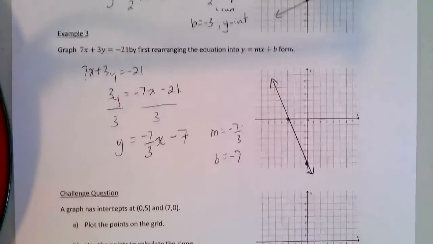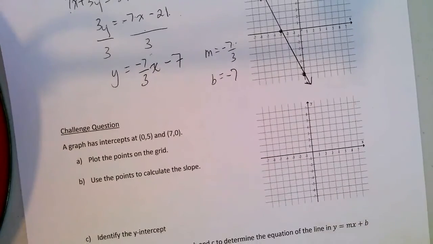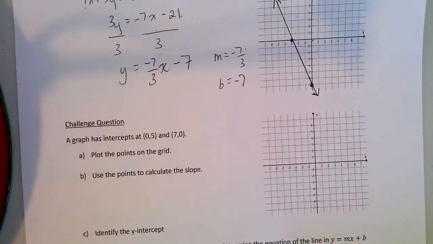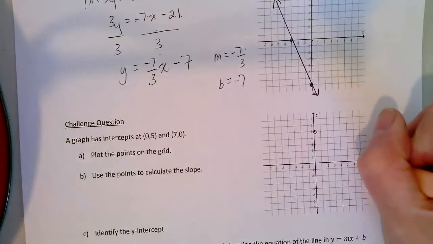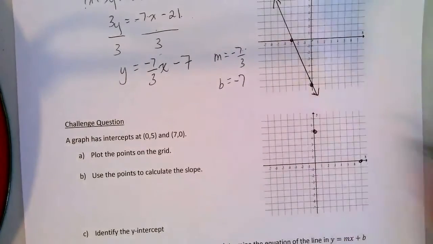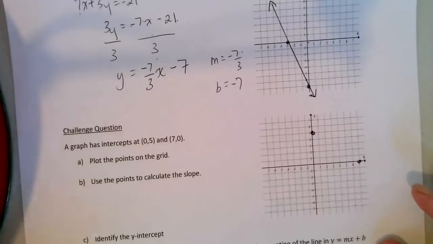Now, what happens if I give you some information? I want you to come up with the equation for the line that has intercepts at (0, 5) and (7, 0). How are we going to figure out the equation of this line?